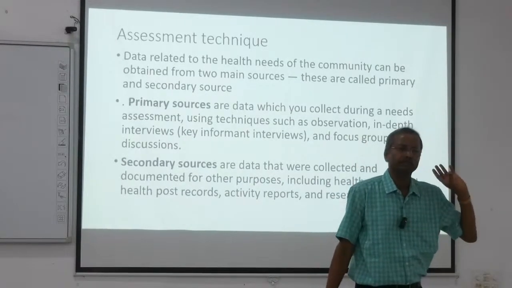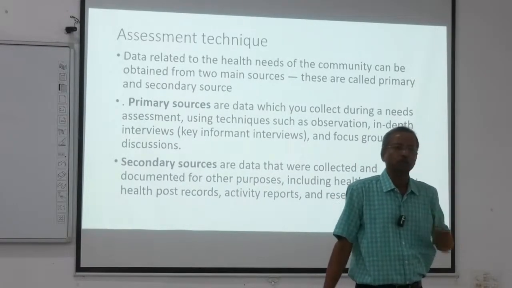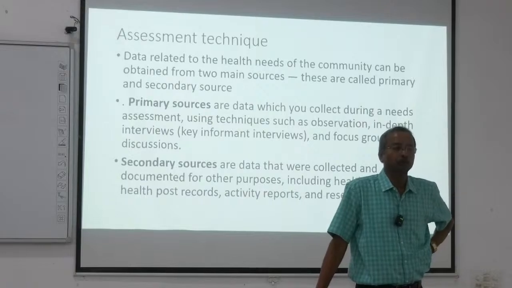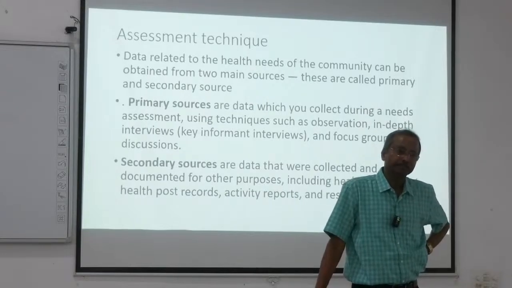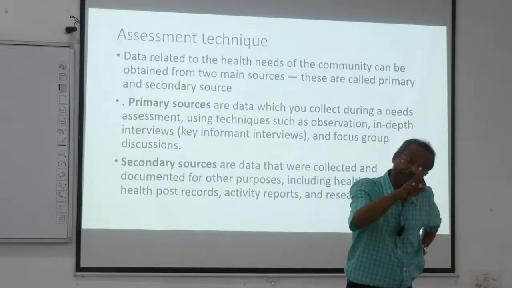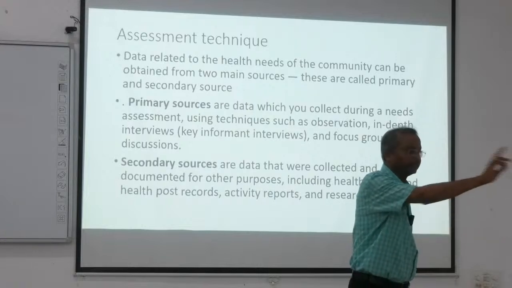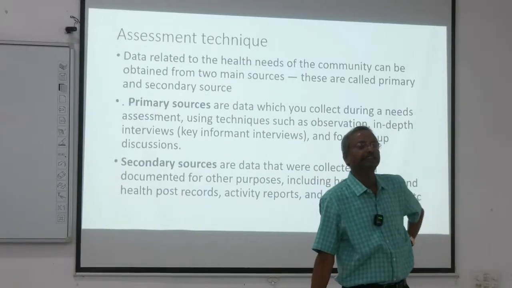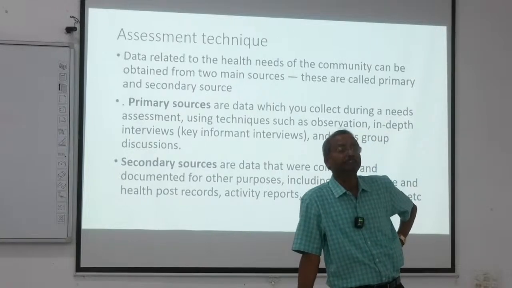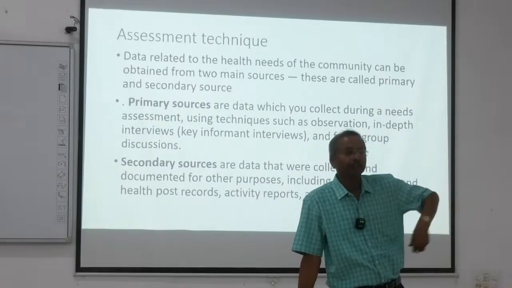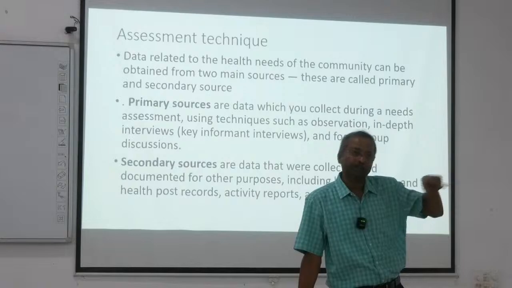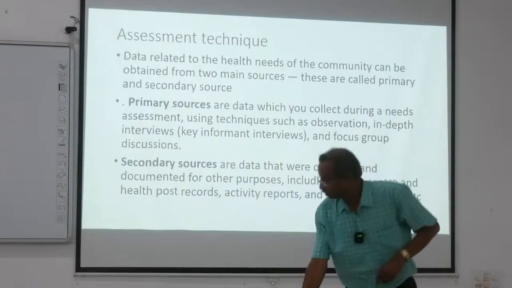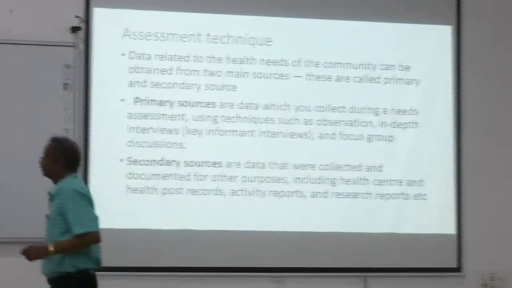Say for example, you can see human stool, that means open defecation is there. You can see the ponds, and at the same time you can see people washing utensils in the pond. So the question comes about sanitation. Through observation, you can collect some information.